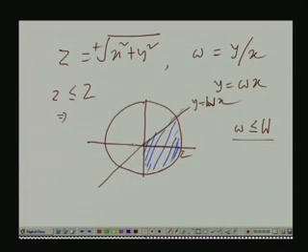And if you go to the second quadrant, then y has already become positive, and y by x, where x is negative, is a negative number which is less than W. So, as we go above this line, we come across points where the ratio y by x is again less than capital W.